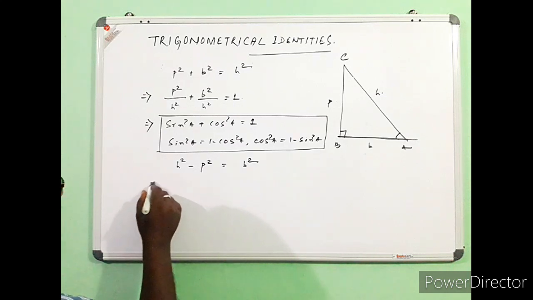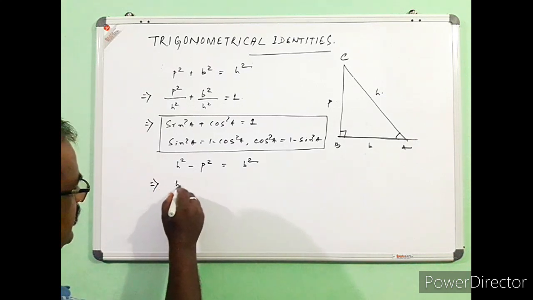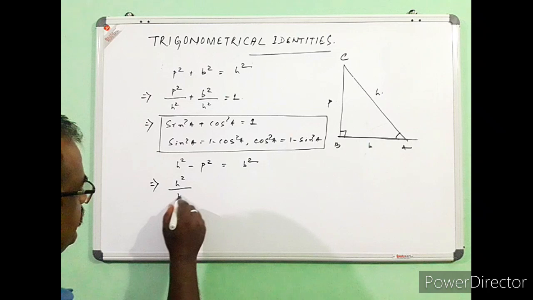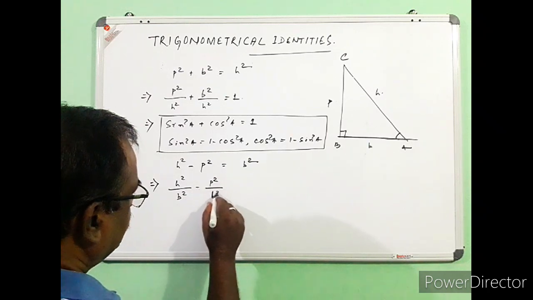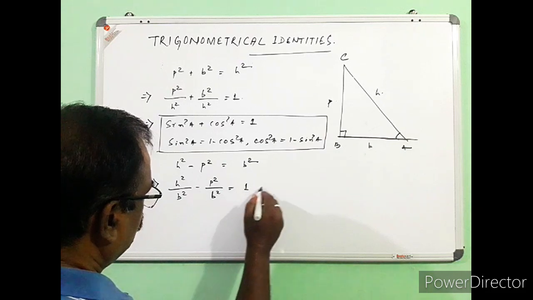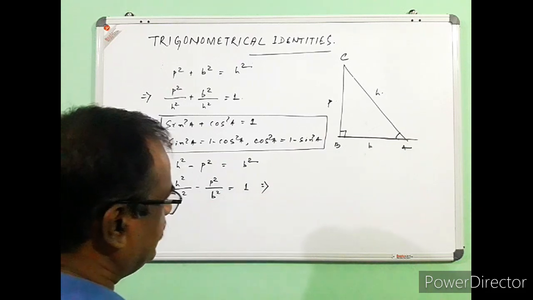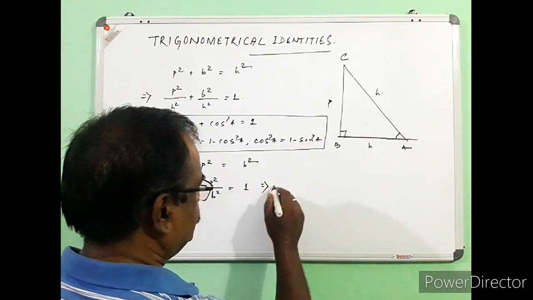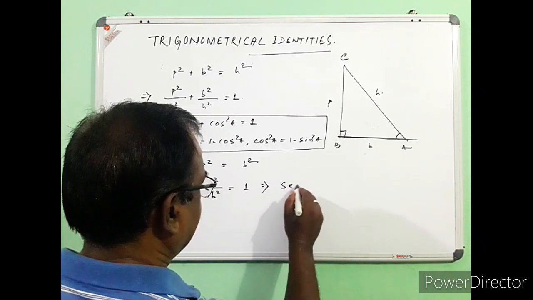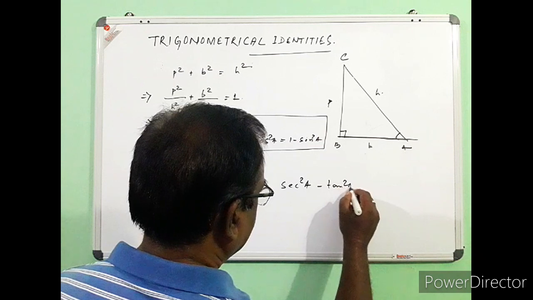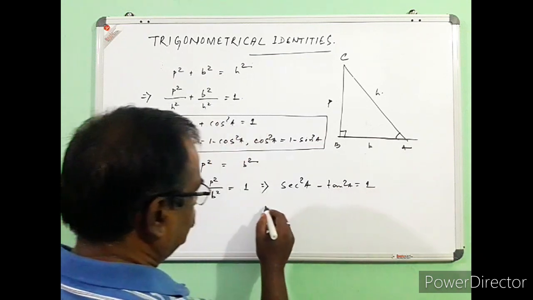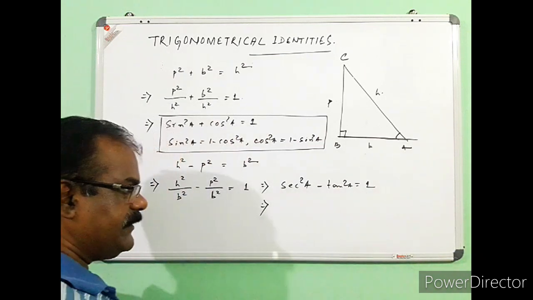Now dividing B square on both sides, similarly we get H square by B square minus P square by B square is equal to 1, or H by B, as it is sec, so sec square A minus tan square A is equal to 1. From this also two more can be derived.